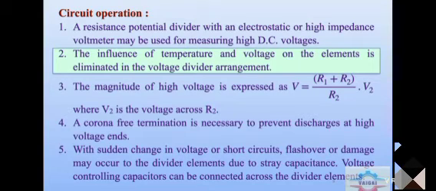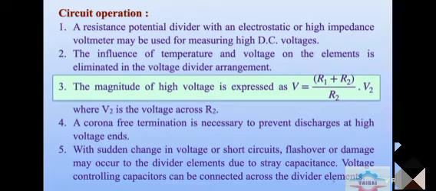The magnitude of high voltage is expressed as V equal to R1 plus R2 divided by R2 into V2, where V2 is the voltage across R2.